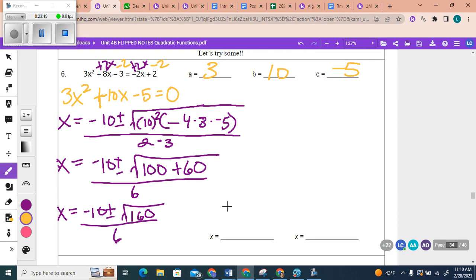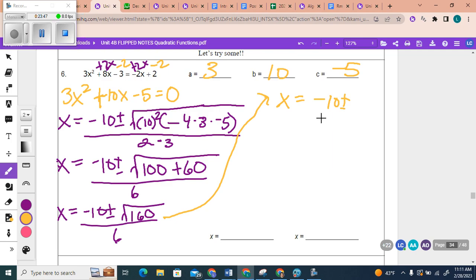What do we do? Square root of. Good. Square root of 160. Can we do that?